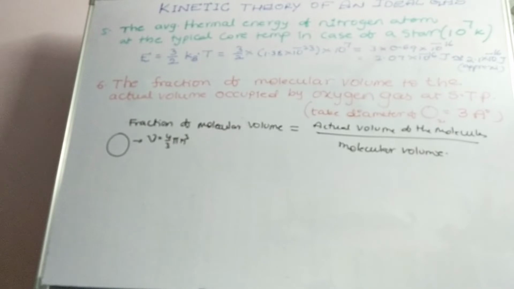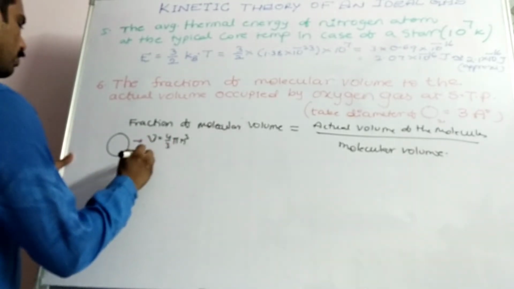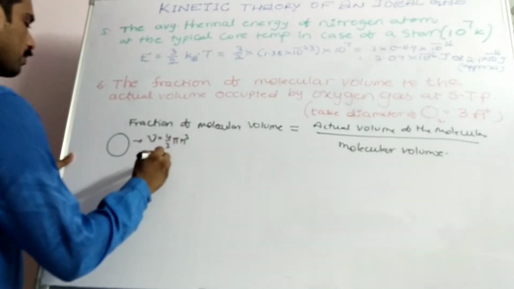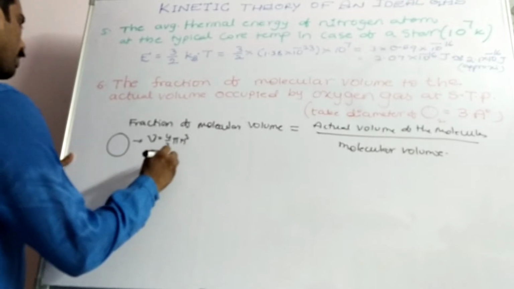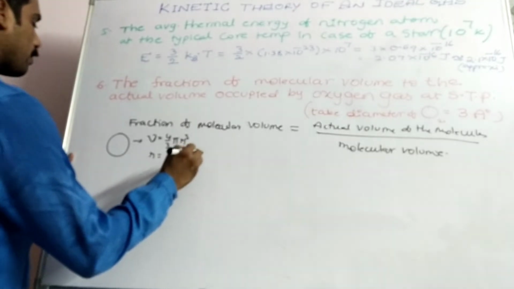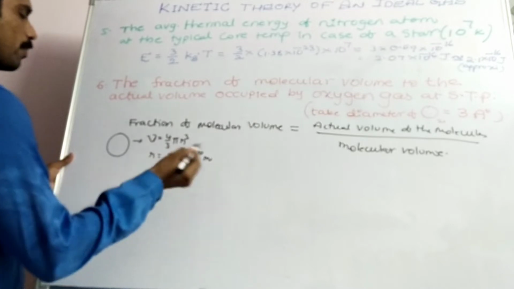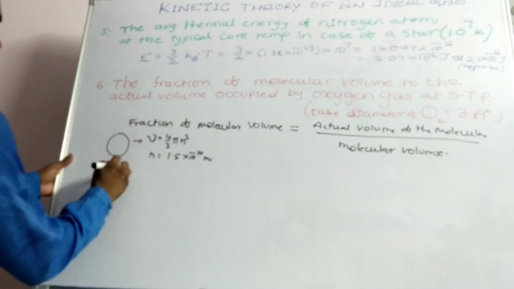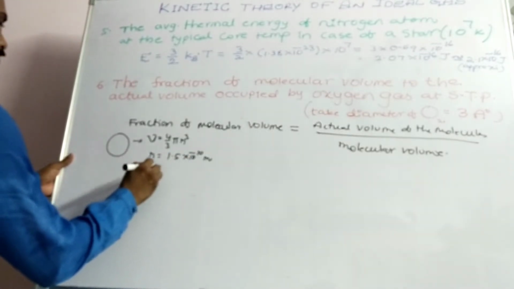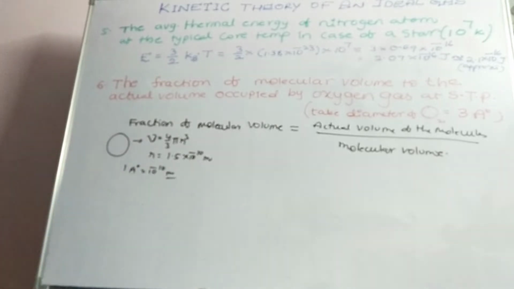According to the alpha scattering experiment, we know r is equal to 1.5 into 10 to the power of minus 10 meter. That's nothing but 1.5 angstroms, of course. 1 angstrom is equal to 10 to the power of minus 10 meters. Okay.